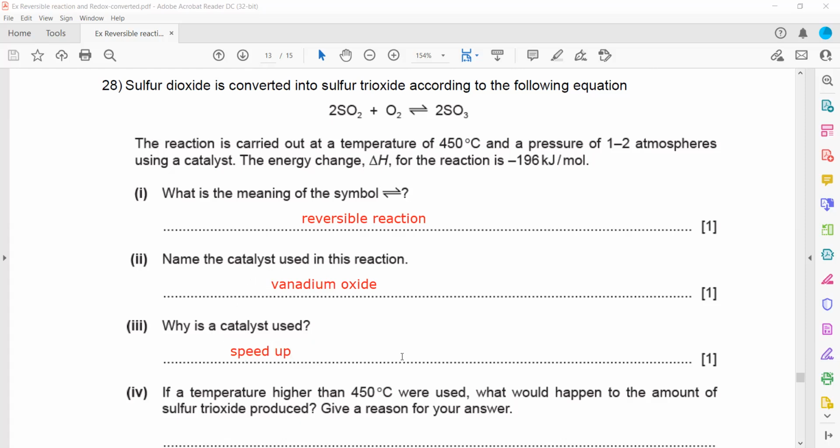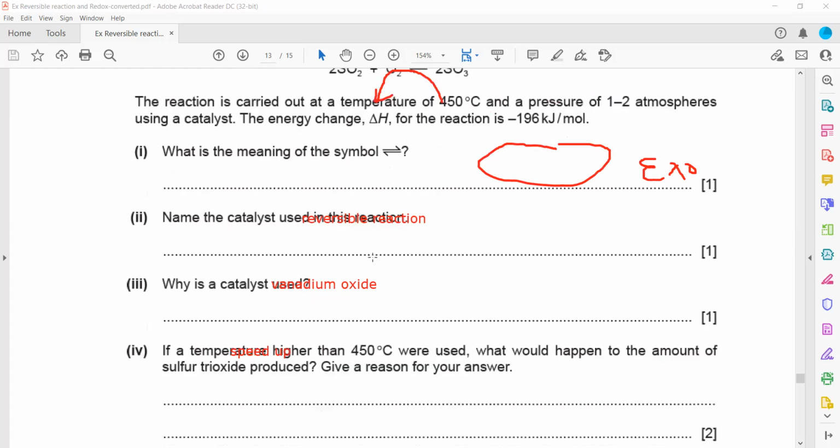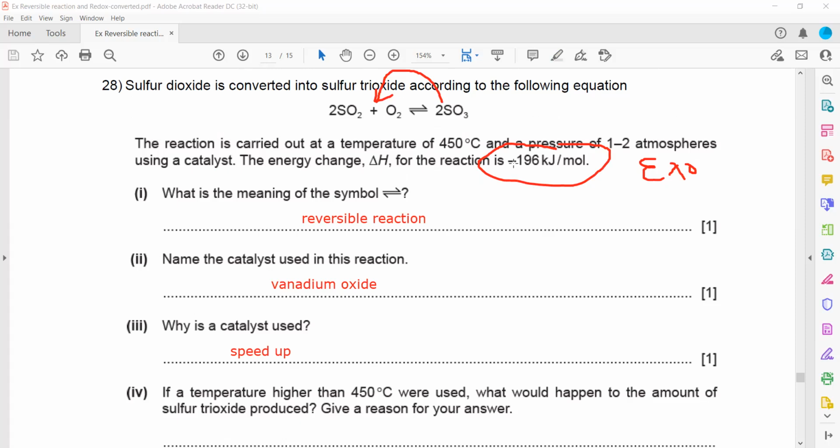If a temperature higher than 450 is used, what will happen to the amount of sulfur trioxide? Because the reaction is exothermic, if we use a high temperature, an increase in temperature shifts the equilibrium to the left hand side for exothermic reactions. So if the temperature is more than 450, the yield will decrease.